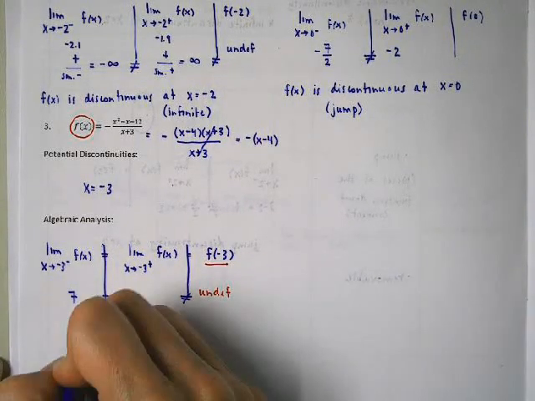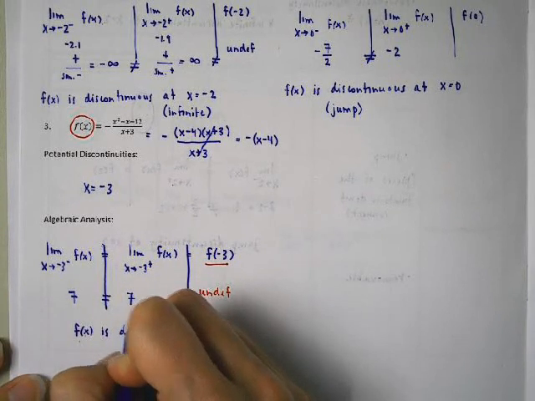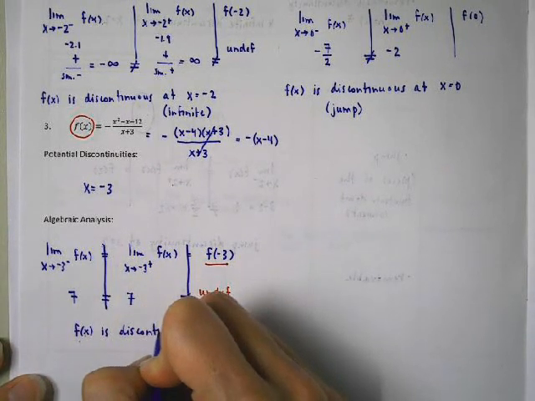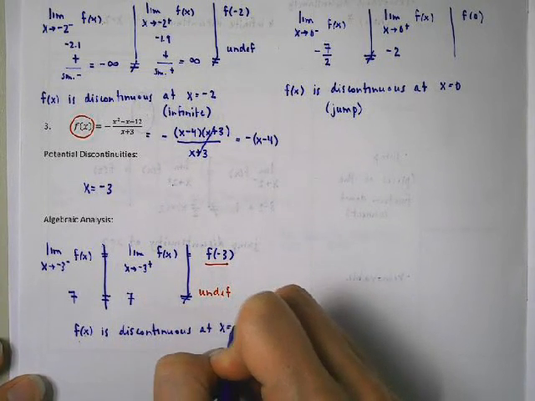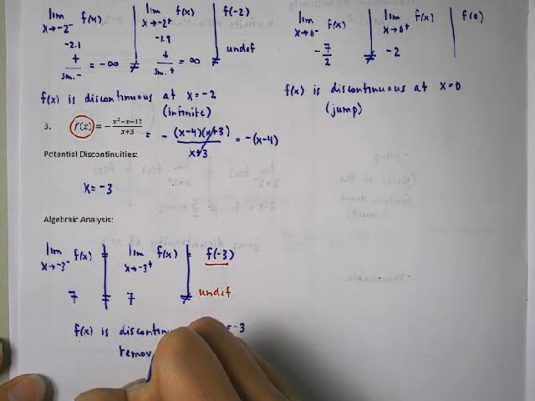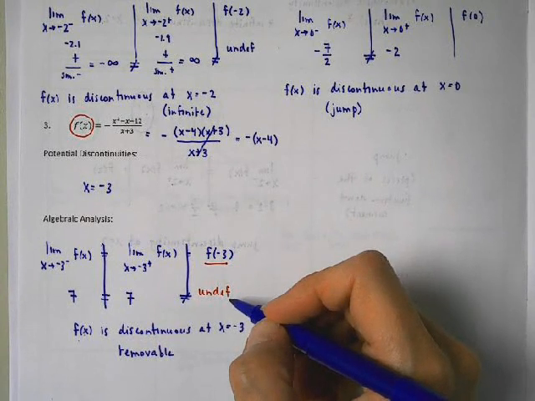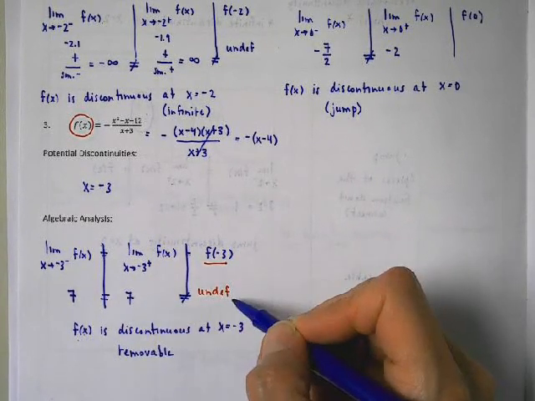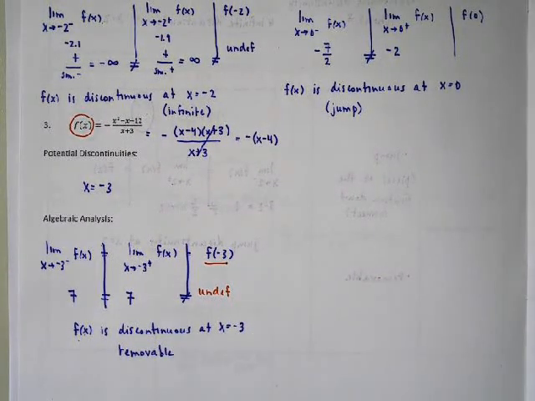So again, we know now that f of x is discontinuous at x equals negative 3, and in this case, we know it's removable. Everything would be fine if we could plug in this point. I have a two-sided limit, but because I'm undefined here, we have a removable discontinuity.